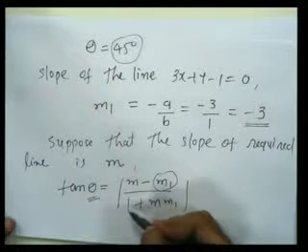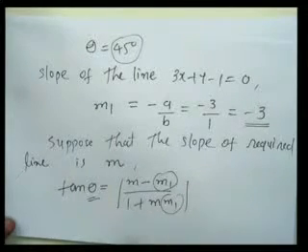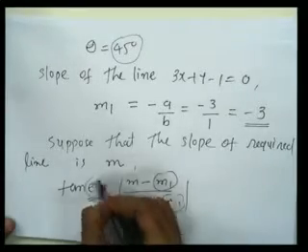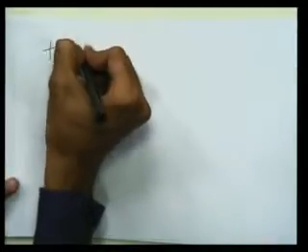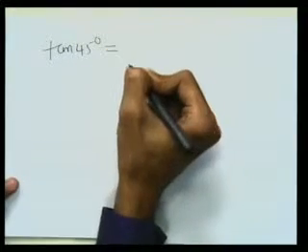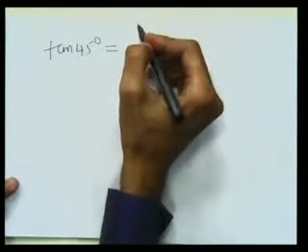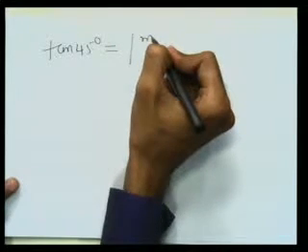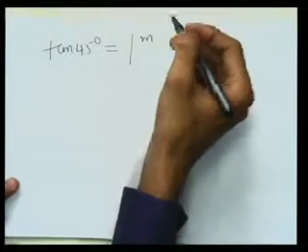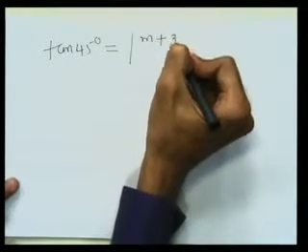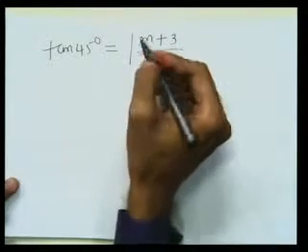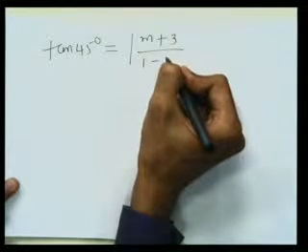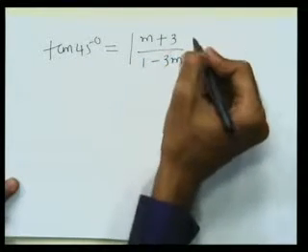So we will put m1 is equal to minus 3 here and here, and we will put theta is equal to 45 degree here. So we will get tan 45 degree, which is equal to, in mod, m minus m1. m1 is equal to minus 3, so m minus minus 3, which is m plus 3, upon 1 plus m into m1, which is 1 minus 3m.